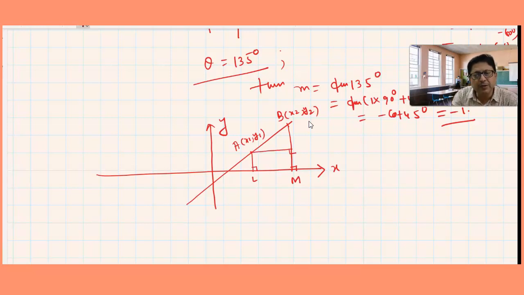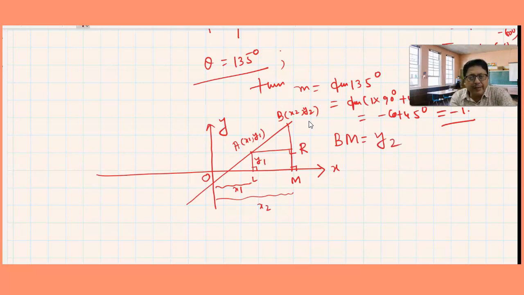Draw this perpendicular also. This is AR. This is your origin. This has coordinate x1, means OL, this part is going to be x1. OM is going to be x2. This part is y1, and this whole thing BM is going to be y2.